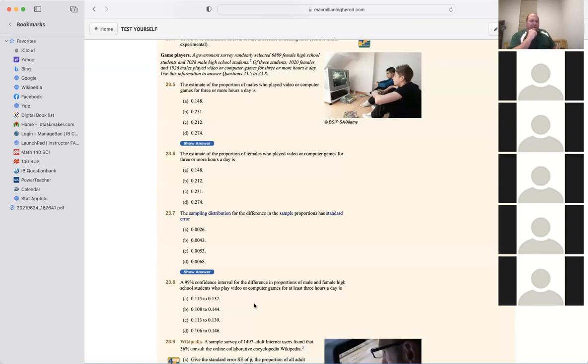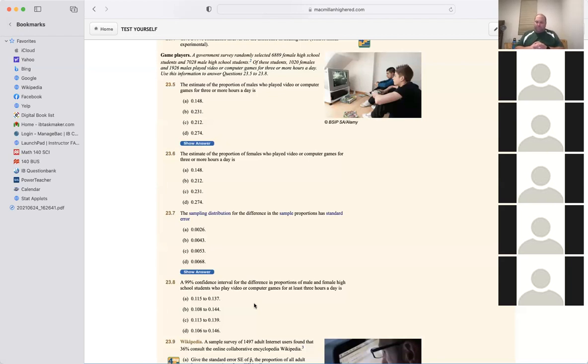Well, what's the formula for standard error? If they're asking for something, wouldn't a good starting point be to use formulas that might contain it? So what formula?